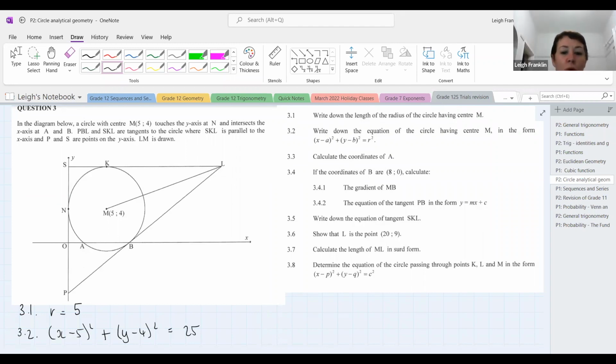Okay, now they want us to calculate the coordinates of A. Can I let you guys do that on your own? Remember, A is a point on the x-axis. I'm going to let you work out the coordinates of A by yourselves.